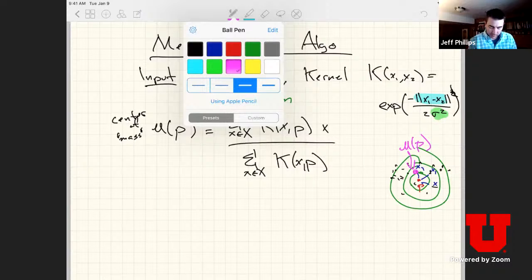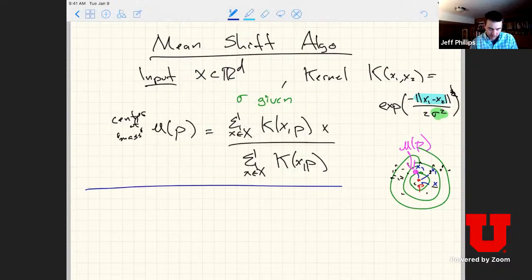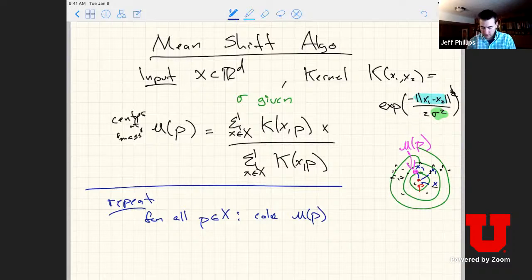Okay, so now this algorithm is just going to have two steps. For all P in this data set, I'm going to calculate mu of P, as I did here above.